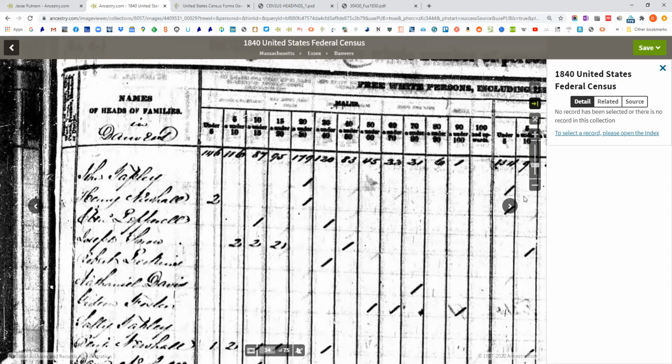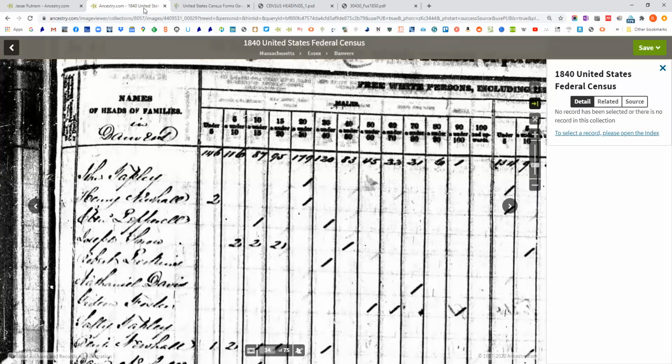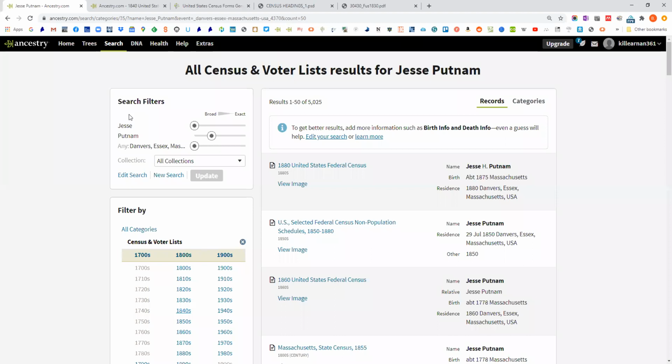So it's worth looking. But that's why, as much as I like a lot of the stuff from FamilySearch, the fact that they don't have that second page is a bit hard.